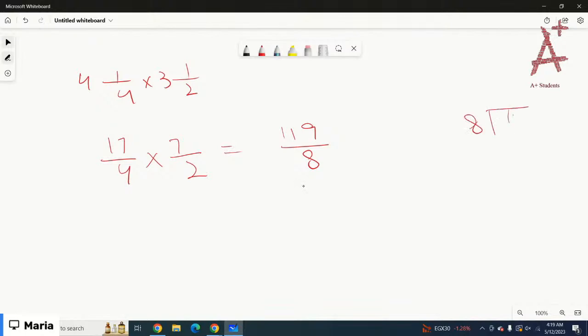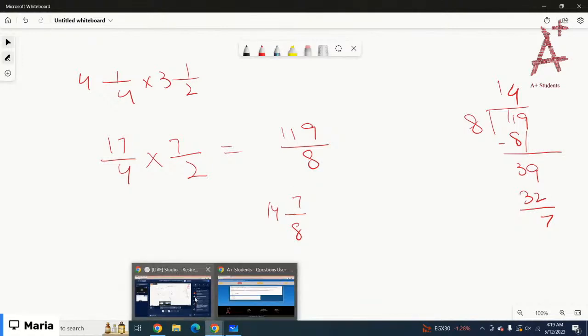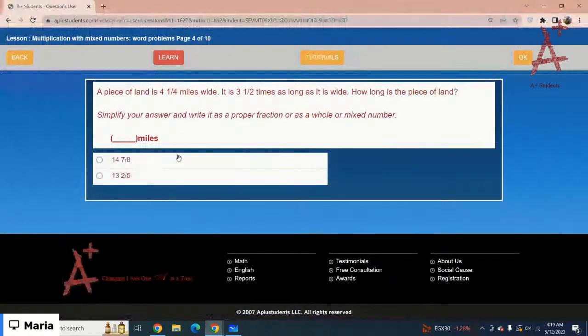Let's just divide it by 8. 8 times 1 is 8 and 11 minus 8 is 3. 4 times 8 is 32. Here you have 7. So it would be 14 whole 7 over 8.